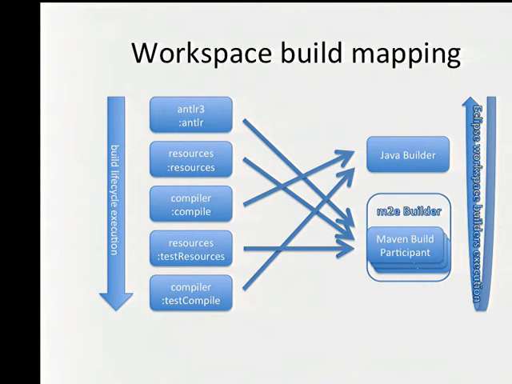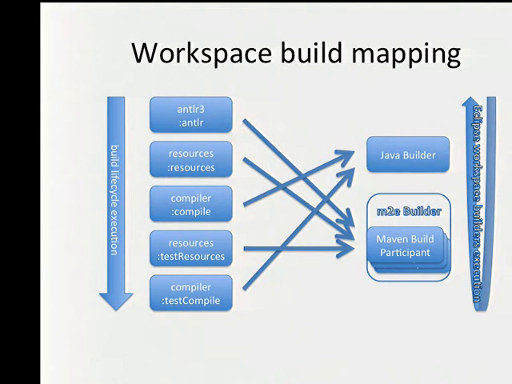And likewise, when the Maven builder makes changes to the workspace, those are communicated back to the Java builder. So the trick there is that a single user-initiated action will likely result in at least two workspace builds. One to deal with the initial delta, and the second one to deal with any secondary deltas.